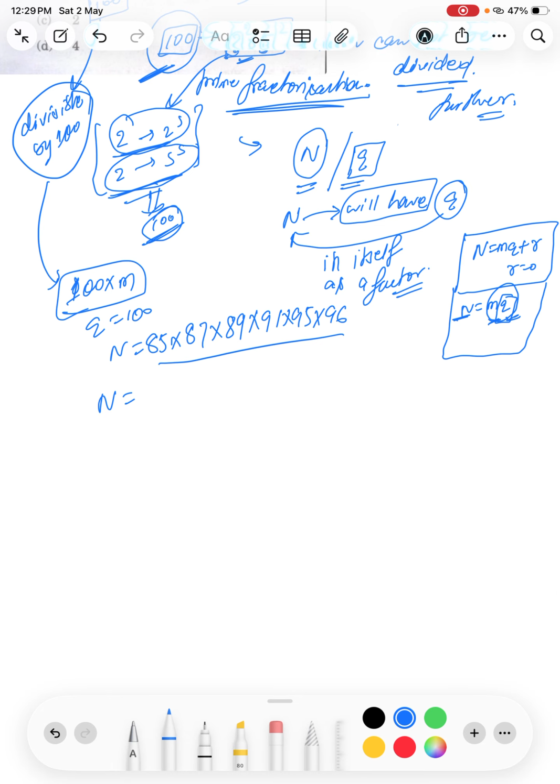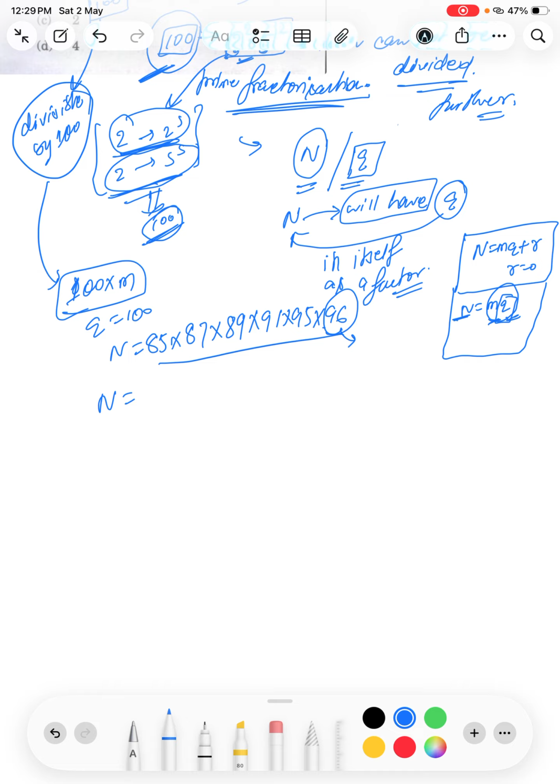From where can I get 2's? 2's will always come from an even number. Where do we have an even number? We have an even number here. That's the only even number.